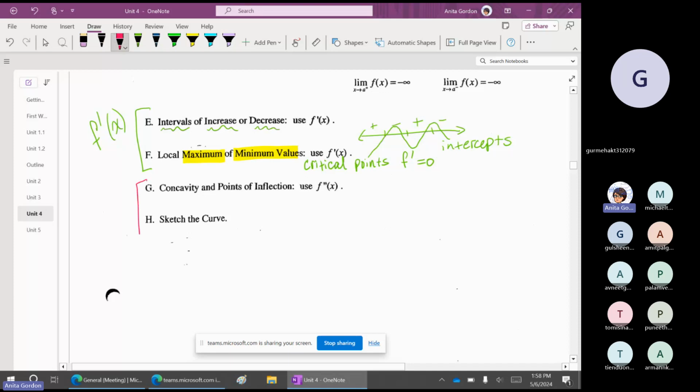And lastly, the last thing we're checking for is f double prime of x. We are going to take the critical points we found and put them into f double prime. And we are going to determine, do we have maxes or mins or inflection?